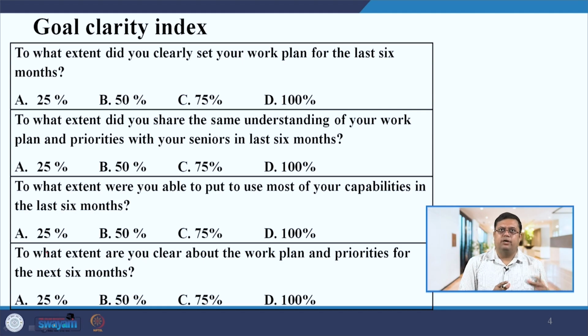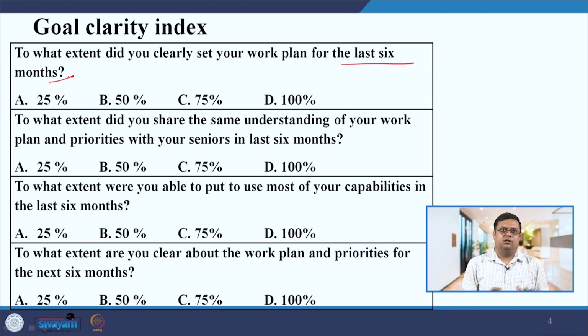If you want to check for this year, you just have to replace the last 6 months with the upcoming 6 months. Then the same goal clarity index will work for the upcoming year. That is how you can calculate goal clarity for an individual and for the department, then average it, and calculate the percentage of goal clarity this year and the average percentage last year.